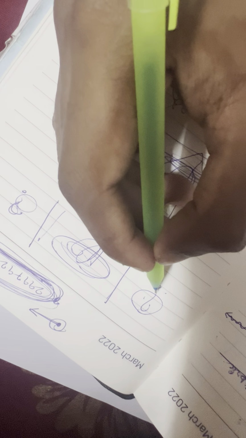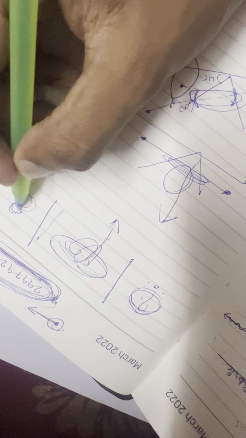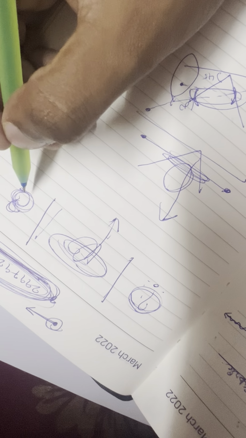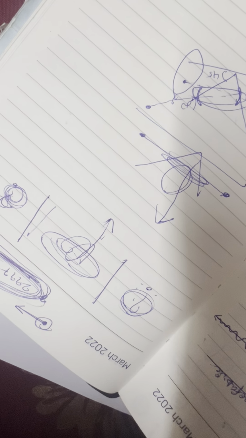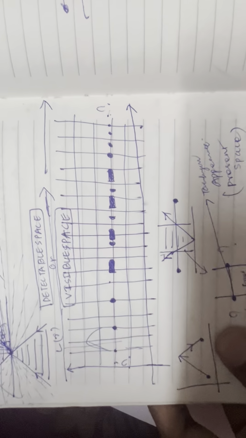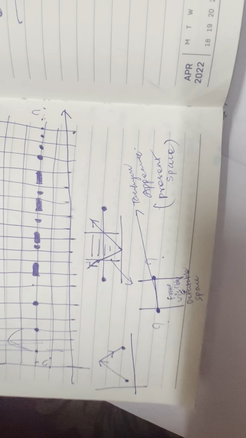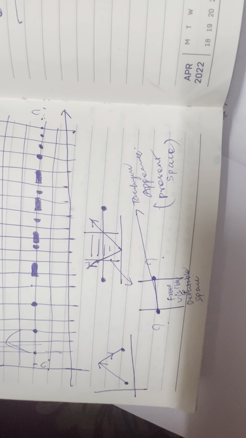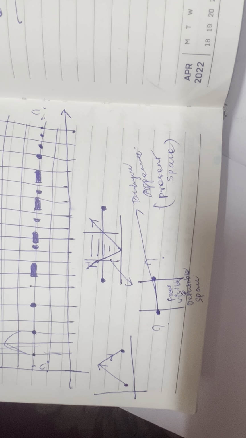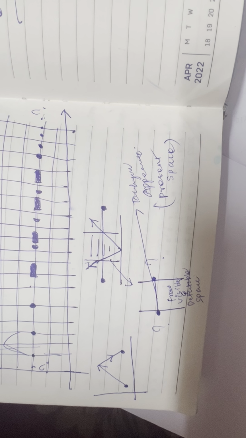These are the places where tachyons, particles having imaginary mass, can exist.